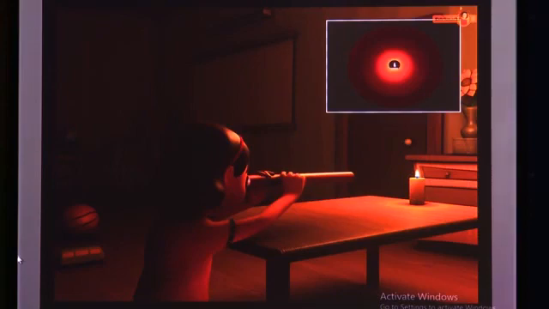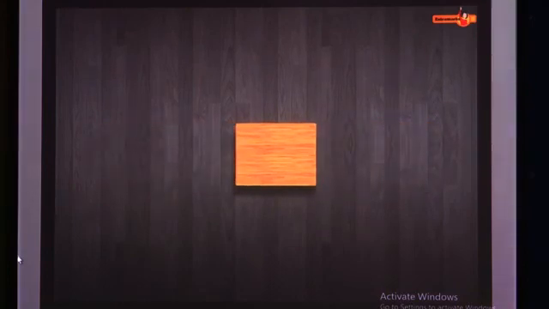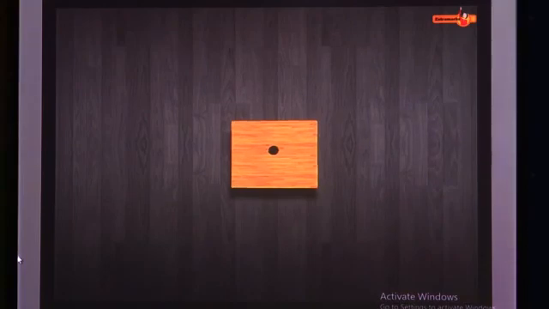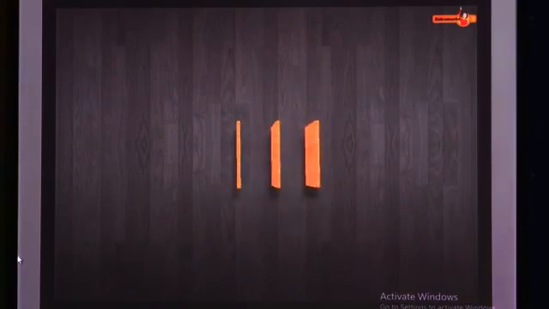Let us do one more activity. Take 3 rectangular pieces of cardboard. Make fine holes in them at exactly the same level. Make them stand straight on a table using wooden support.